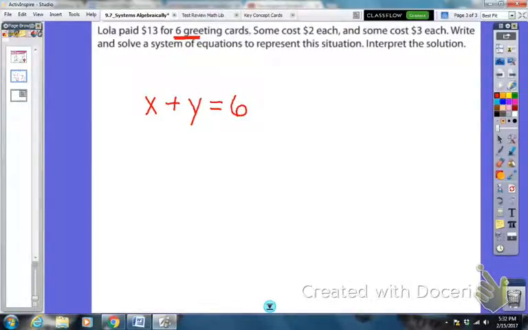The other equation talks about the money. So I know that some are $2 a piece, so that's 2X. The others are 3 a piece, so that's 3Y. And I spent a total of $13.